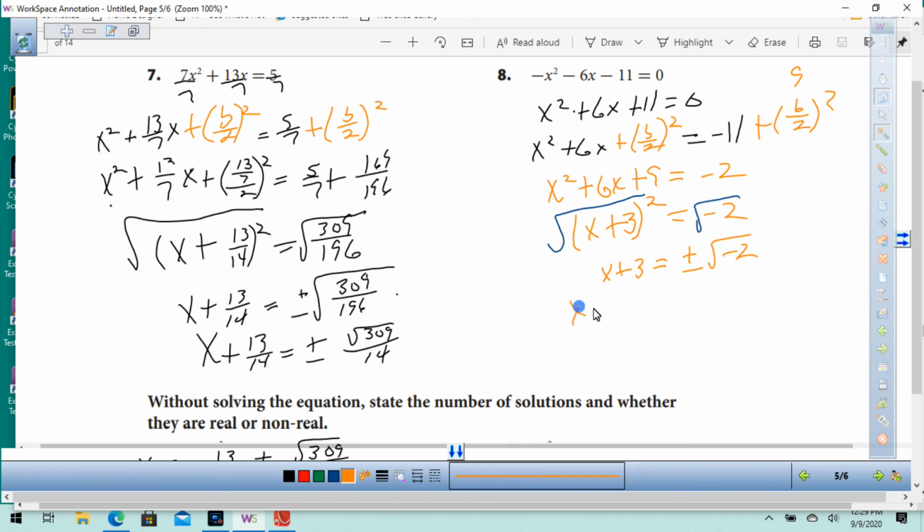Subtract 3 from both sides, I got x equals negative 3 plus or minus, I got a negative 1 in there, i times the square root of 2. And that's going to be 2 non-real solutions. Looking good.